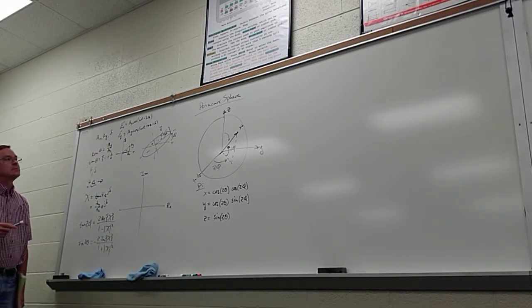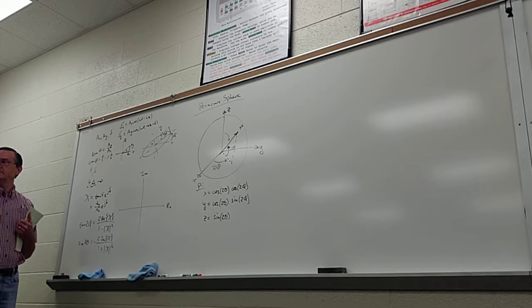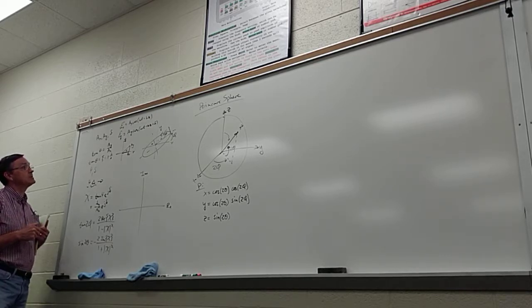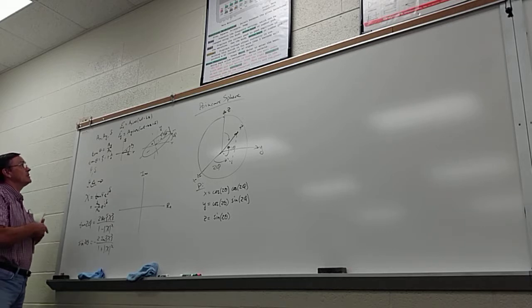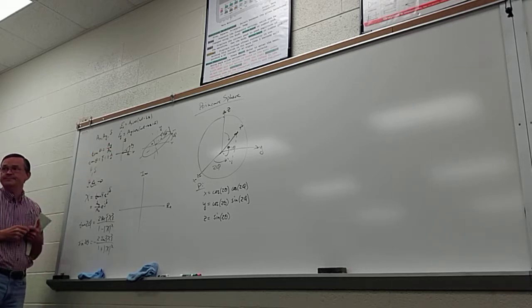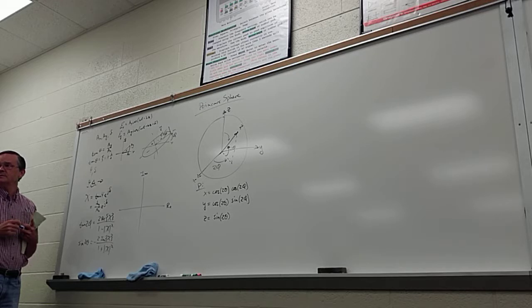So basically, what we get for a point on the sphere is the polarization state. The thing we don't get is the actual amplitude, because we're looking at everything in terms of the ratio of AY to AX. So we throw away the absolute magnitude. We're just looking at the relative magnitudes of the Y and the X components.